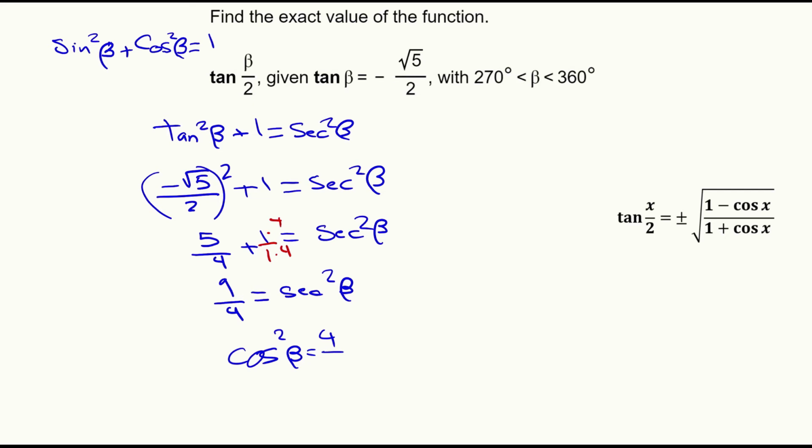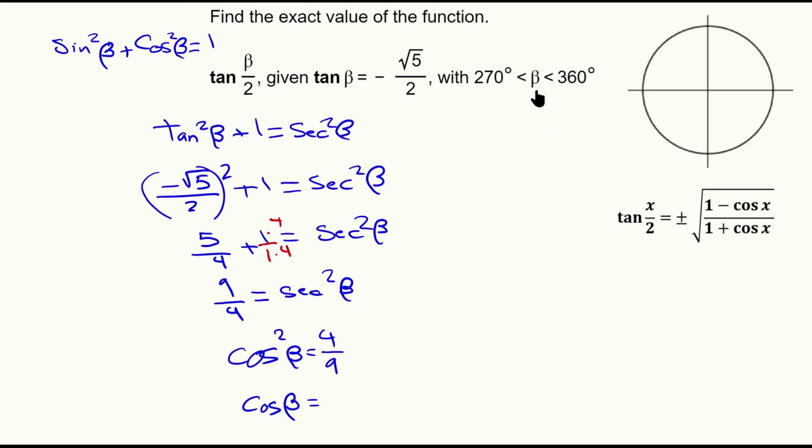So now we want to apply the square root property, but before we do, we need to be careful to make sure we choose the right sign, because the square root property says cosine of beta is going to be plus or minus square root of 4 over 9. So let's bring in a unit circle now to see where we need to go.